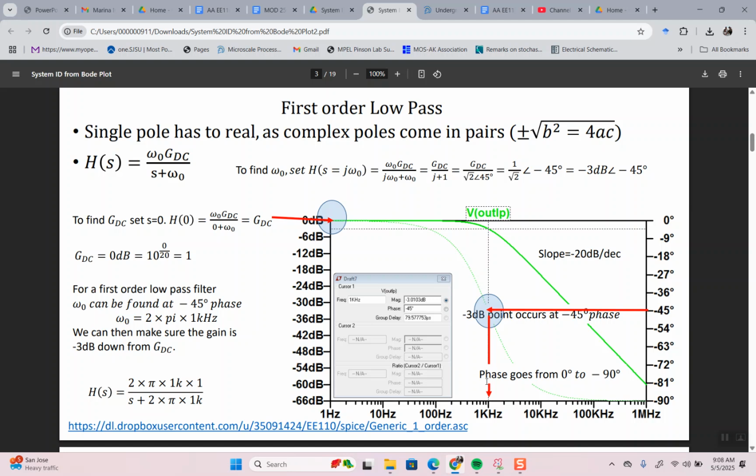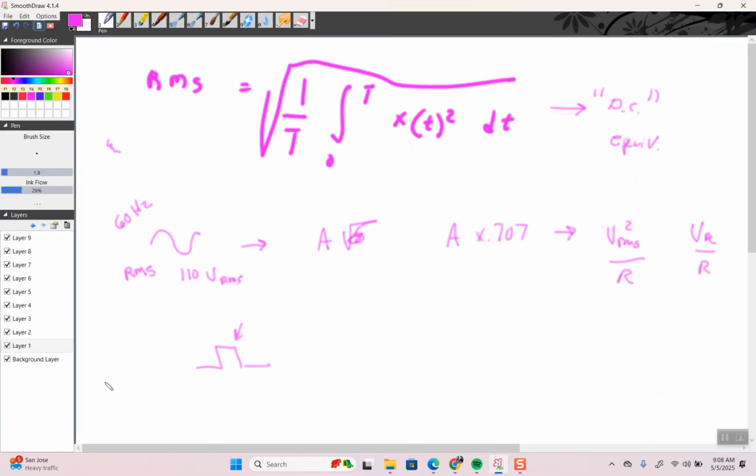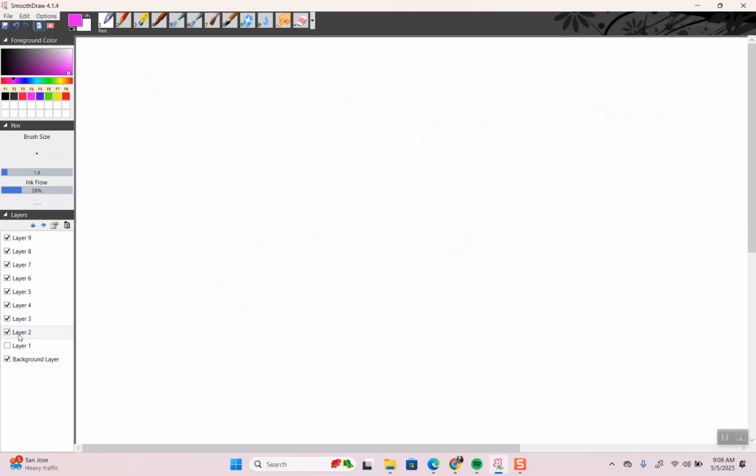Go to the board. So just as a quick reminder, have a sine wave, and then a sine wave that I'm comparing it to.